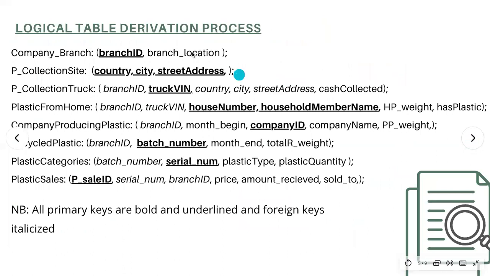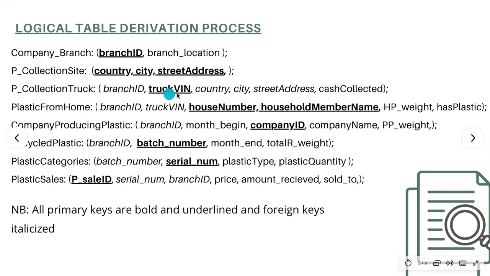So this is how we've derived our tables for the SQL code. We have a company branch. All primary keys are bold and underlined, and foreign keys are italicized. And we have the collection site, which you saw in the ER diagram. Collection sites consist of the country, city, and the street address, which collectively form a composite primary key to define the collection site.